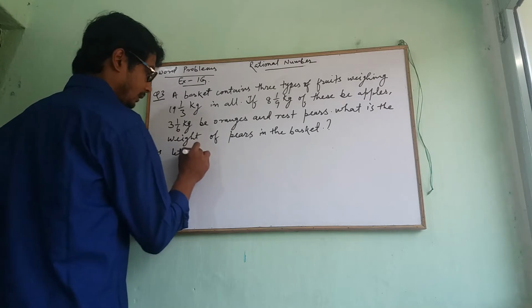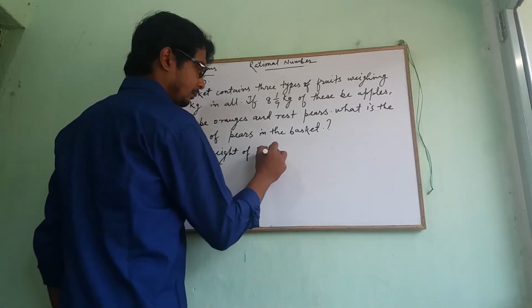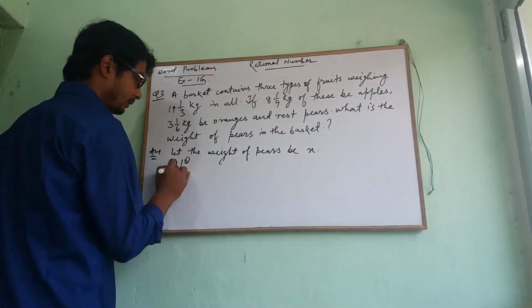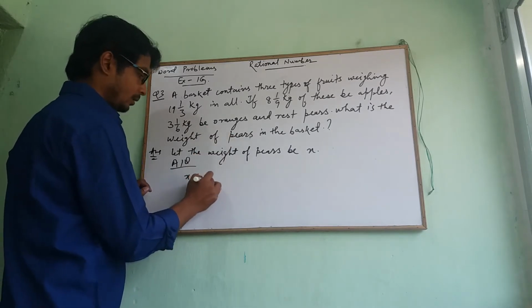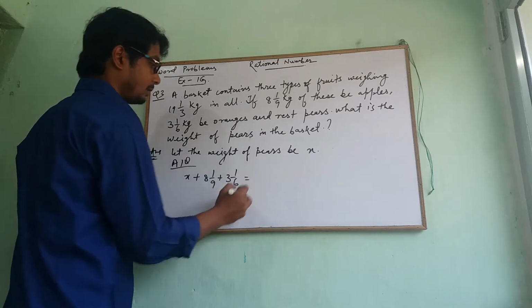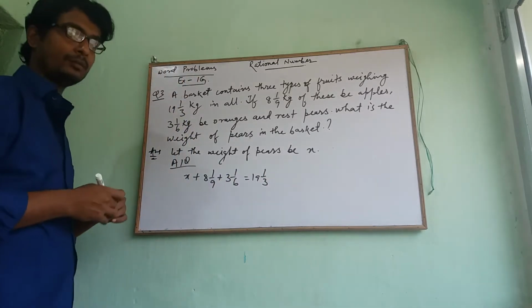Let the weight of pears be x. Now according to the question, pears plus apples plus oranges constitute the whole weight, that is 19 whole 1 by 3.